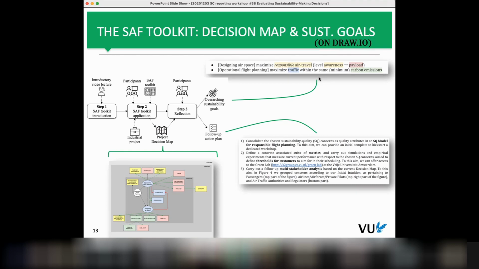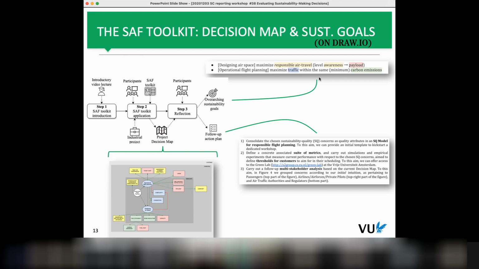The first one concerns the new European regulation for designing the airspace, basically where the flights can fly in the European airspace.